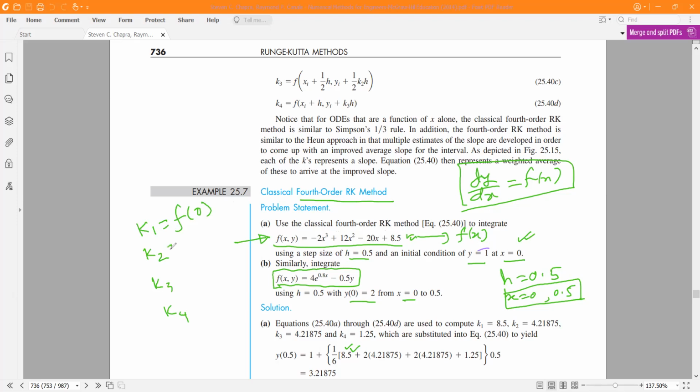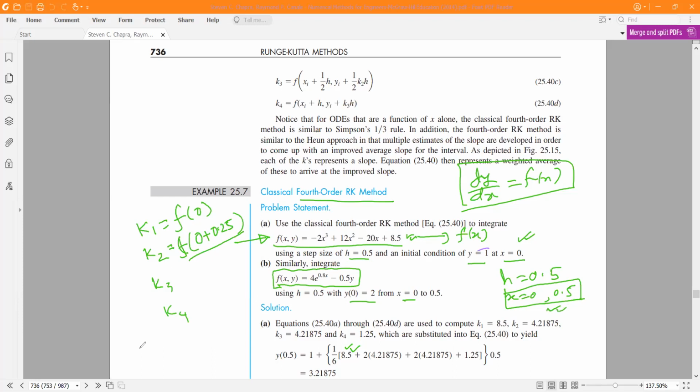If you want to find K2, you have to calculate your F at xi plus h by 2. So xi equal to 0, the initial point, plus h equal to 0.25, h by 2, isn't it? So you calculate your F at 0.25. This is your K2.